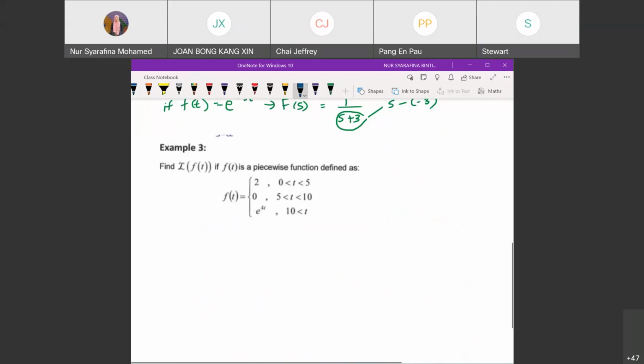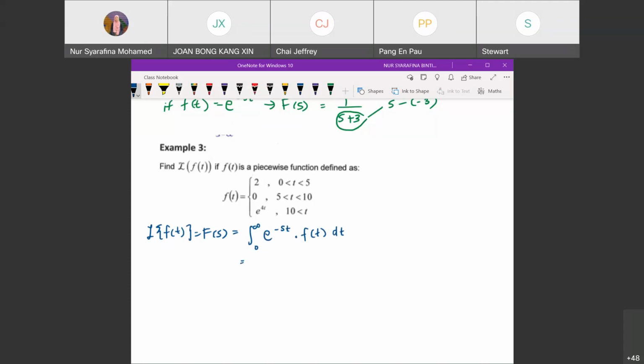Now by definition, if you want to Laplace transform this f(t) to get F(s), you will have to integrate from 0 to infinity exponent minus st times f(t) dt. And now your f(t) has 3 types of function with different limits. So we have to apply it one by one.